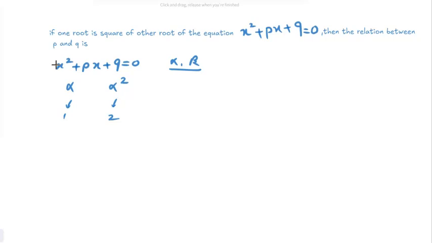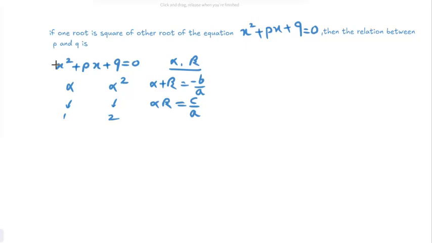The relation between the coefficients and the roots is alpha plus beta equals minus b upon a, where b is the coefficient of x and a is the coefficient of x square. Similarly, alpha into beta equals c upon a.